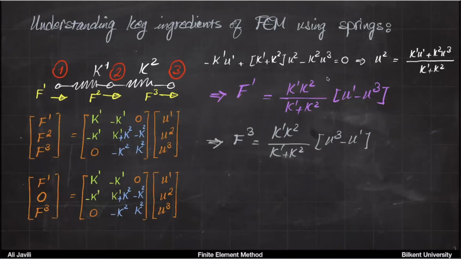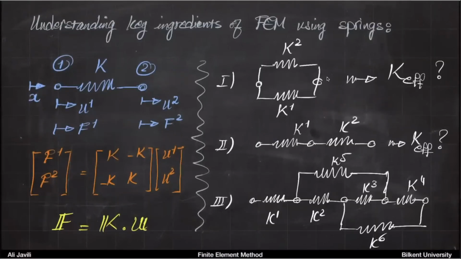Now, just looking at what you have and what we had previously, remember at the beginning of this lecture, we talked about this. So F1, F2, if you have a spring, F1, F2, so the force on the left and right on node 1 and 2, it would be K, minus K, minus K, K, times U1, U2.